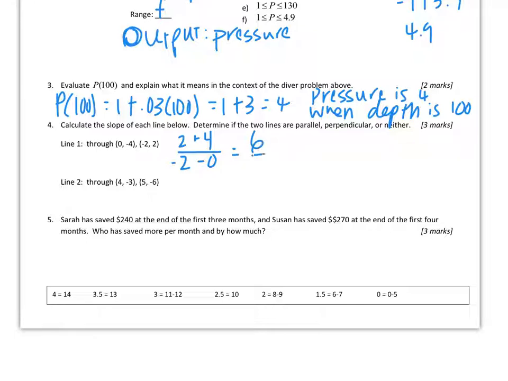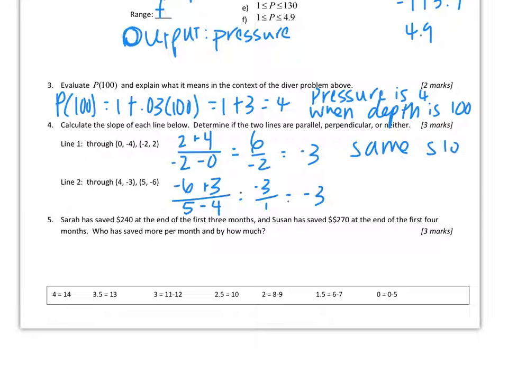So I get 6 over negative 2, I get negative 3. y2 minus y1, x2 minus x1. I get negative 3 over 1, negative 3. So when the slopes are the same, that means it is parallel.